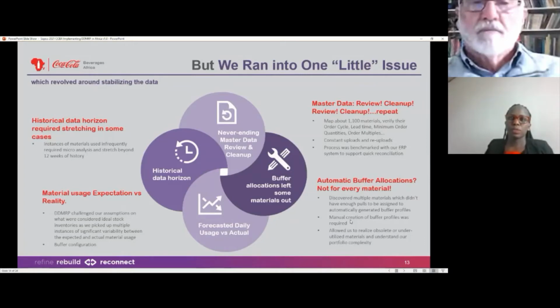Then, in terms of obsolete materials, we had a number of them that came through the portfolio complexity that we had. With the infrequent usage of these materials, when you track backwards through the historical horizon, you realize that this is probably a material that has been used once in 2 years.